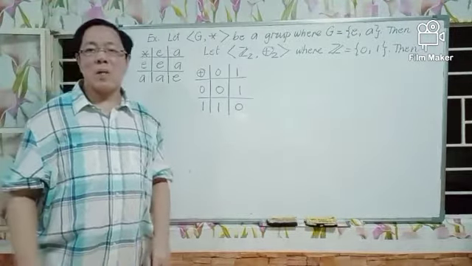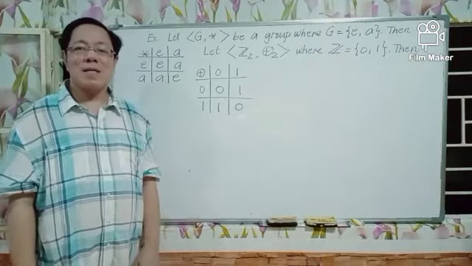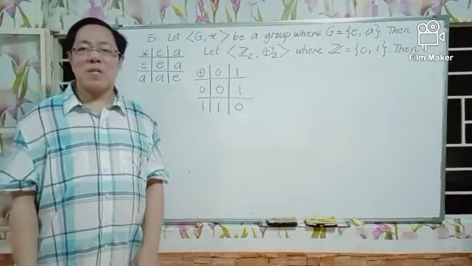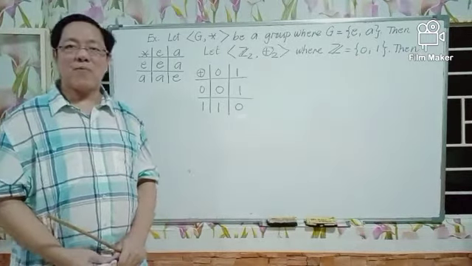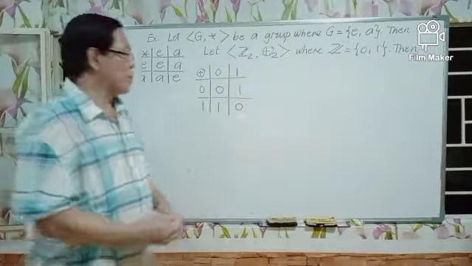Now, as I said, we will construct an isomorphism between these two groups, and we denote that isomorphism by the function f from the set G to the set C2.